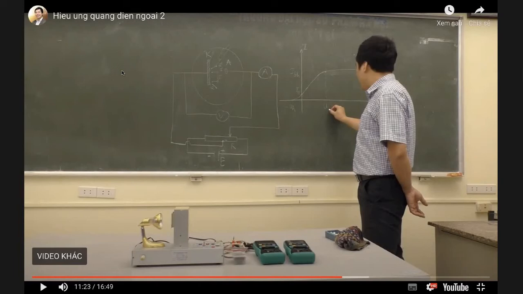And also we need to investigate the fundamental laws, những cái định luật related to the photoelectric effect, những cái định luật mà liên quan tới hiện tượng quang điện ngoài như thế này. So right now is the time for you to watch the related video for the experiment.